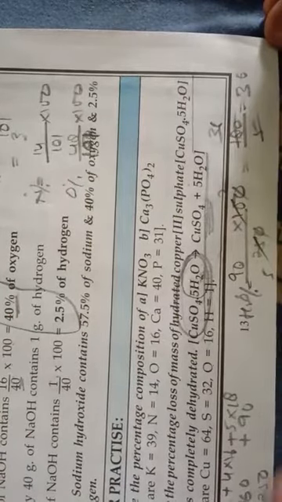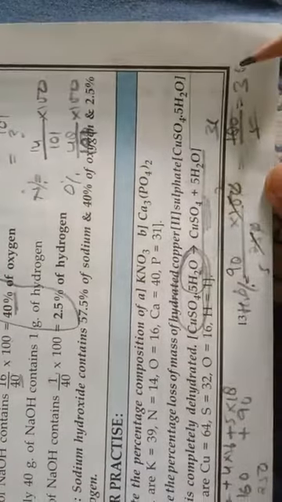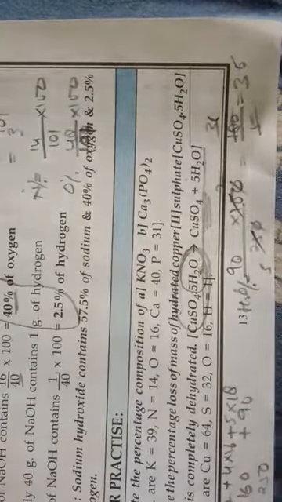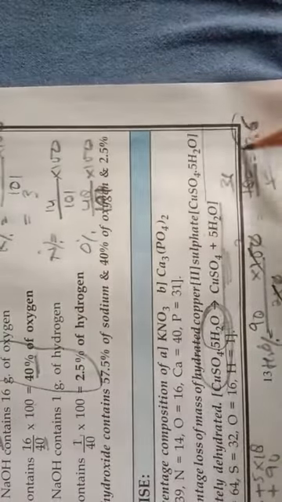Okay children, so the percentage composition of water is 36 in 1 molecule of copper sulfate pentahydrate.